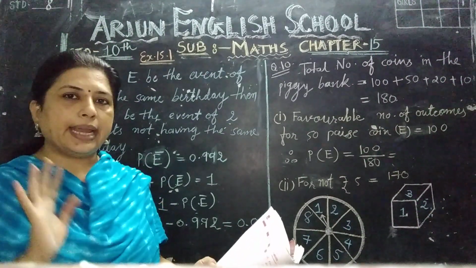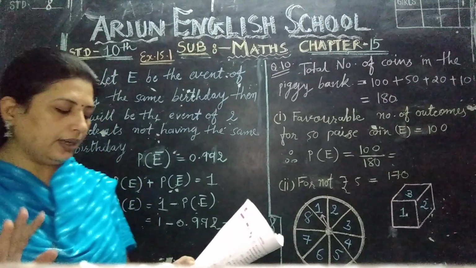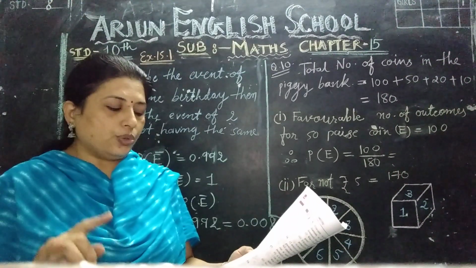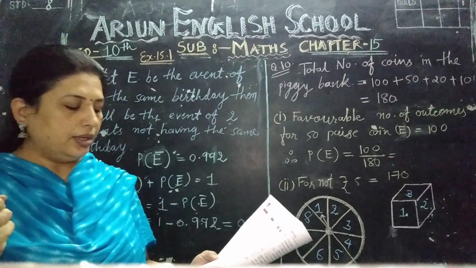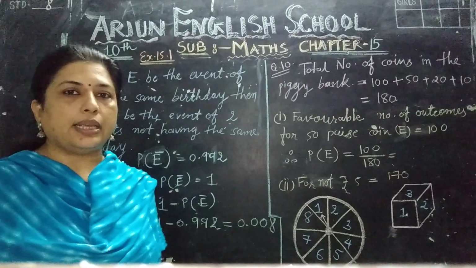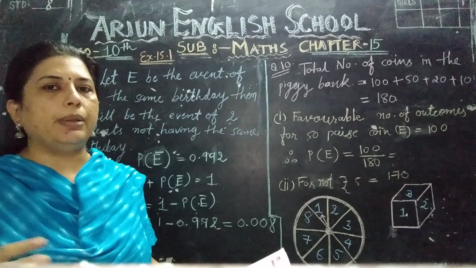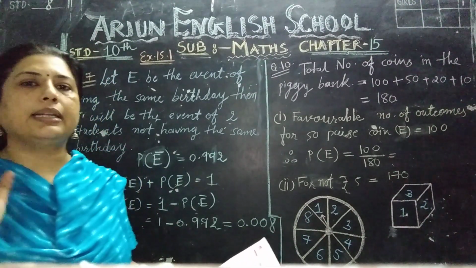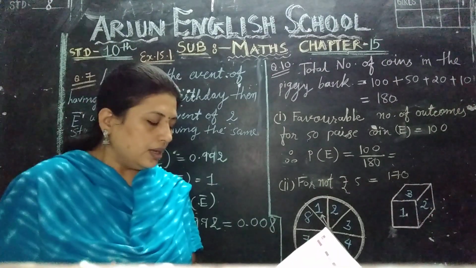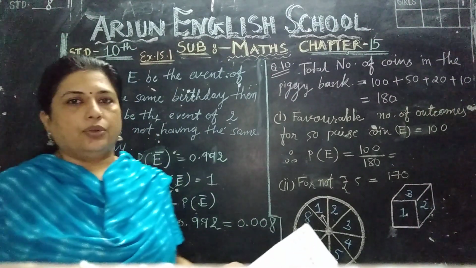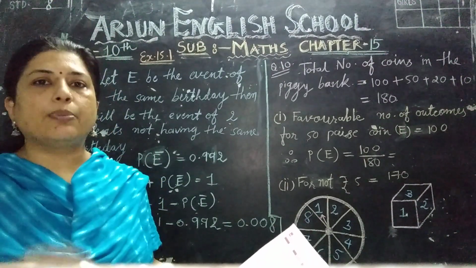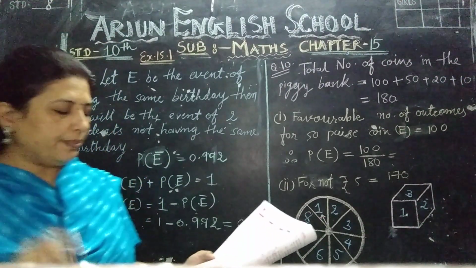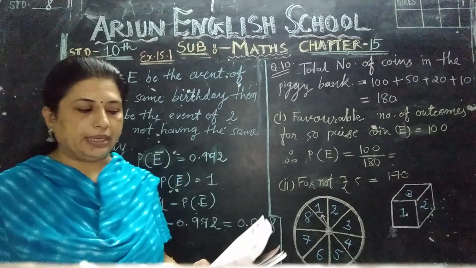So a total of 8 balls are there in the bag. First is for red, the probability of getting a red ball. Total red balls are 3. So we can say that the probability is 3 by 8, as 8 is the total outcomes. Not red: for not red, you can say that 5 balls are not red, they are black. So 5 by 8 is its probability.